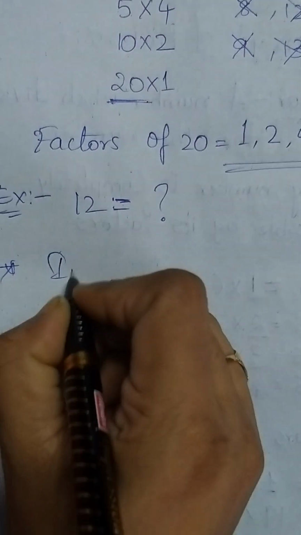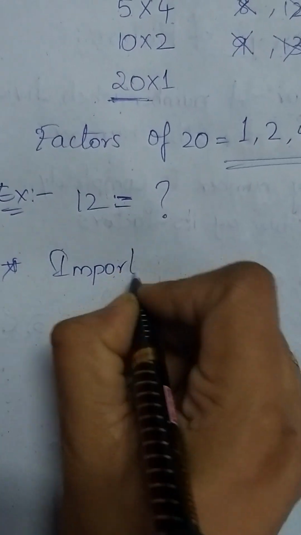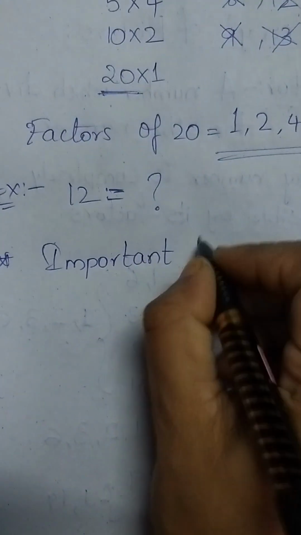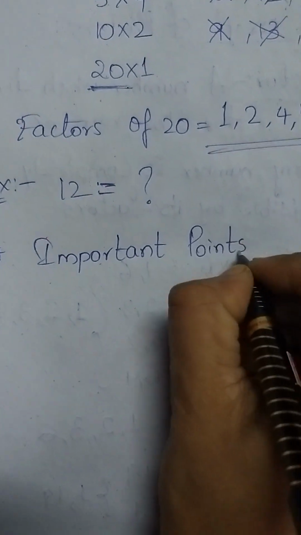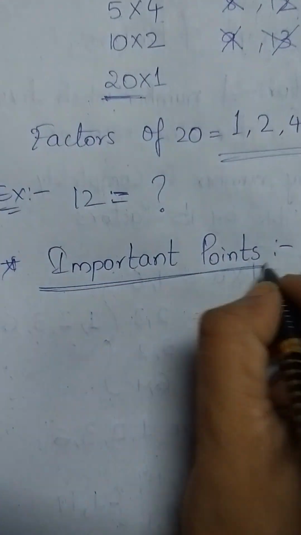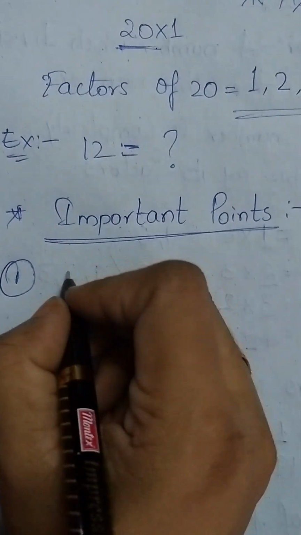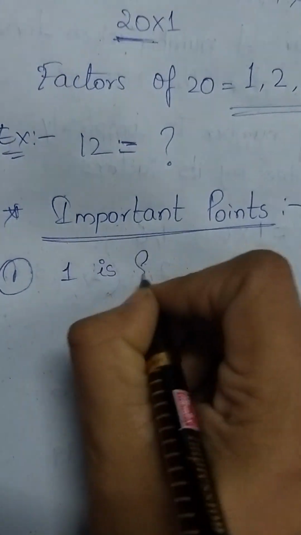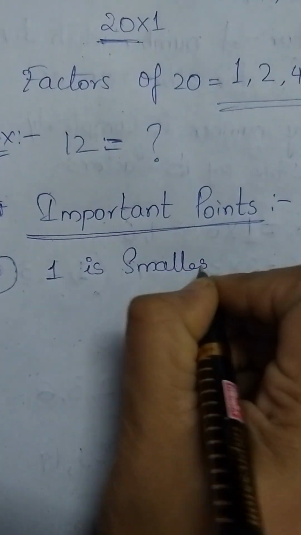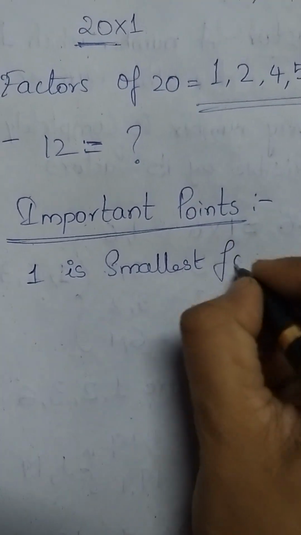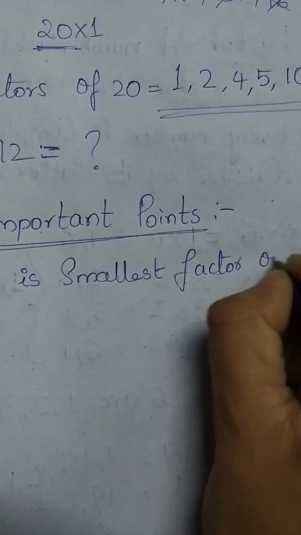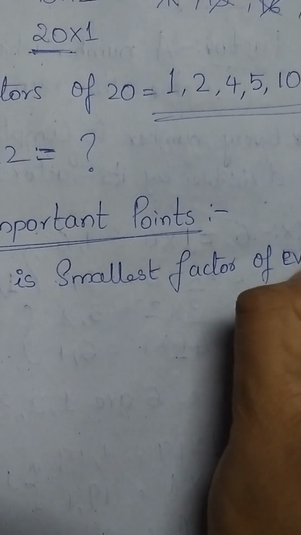Now, important points for factors, children. What we have to remember while doing problems to find factors: 1 is the smallest factor of every number.